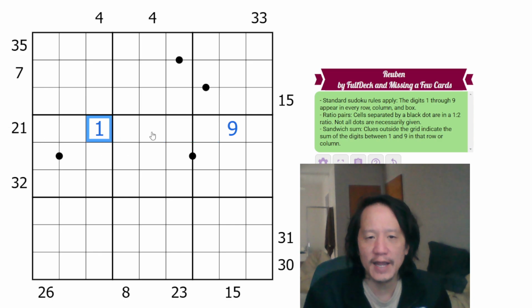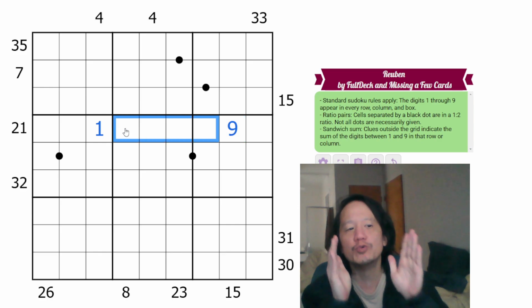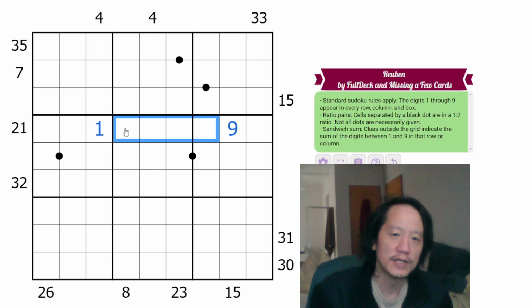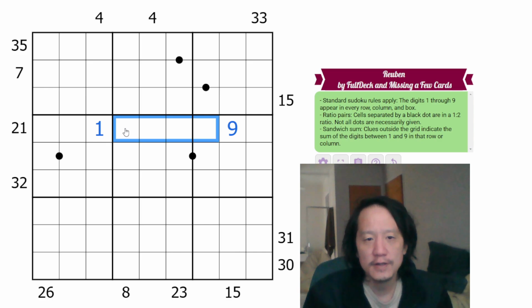Obviously it can't contain another 1 or 9 because we already have the 1 and 9 in the row. And remember, the sum does not include the 1 and the 9. It's specifically the digits in between the 1 and the 9. This is a typical sandwich clue. That's why it's called a sandwich, because it's what's sandwiched in between the 1 and the 9.